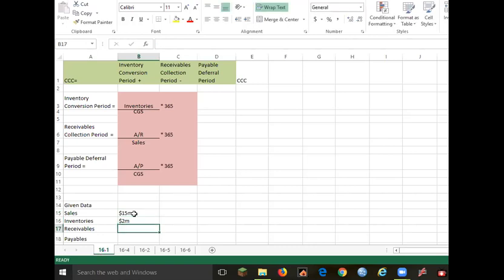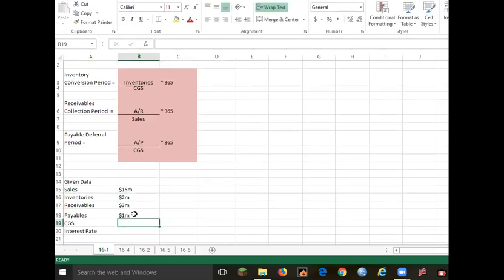Receivables 3 million. Payables 1 million. And the cost of goods sold is 80% of sales. So we have 15 million sales.